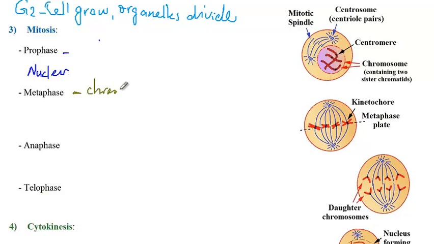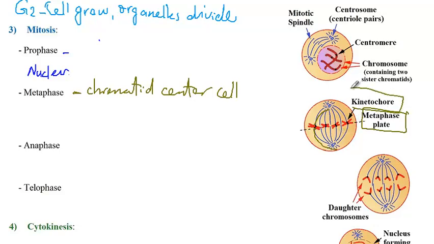And during this time, the centromere of each chromatid becomes attached to 2 spindle fibers, and these spindle fibers attach to the kinetochore.